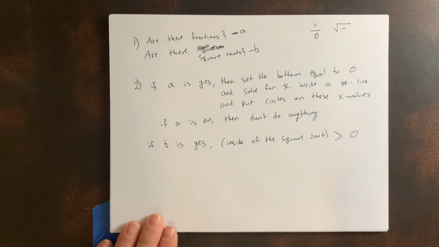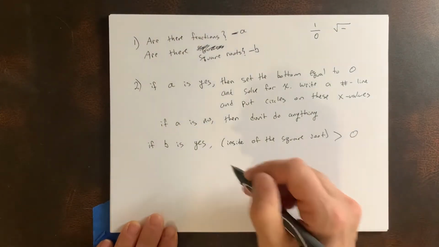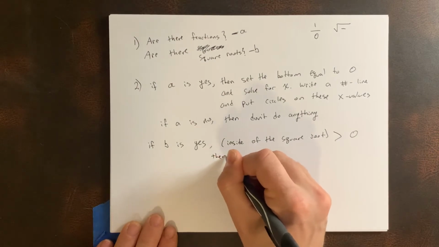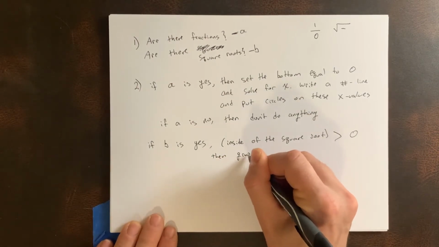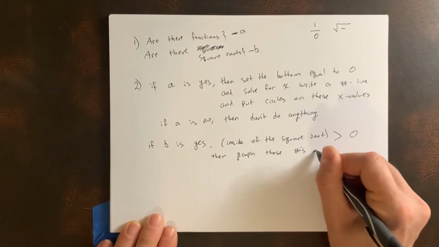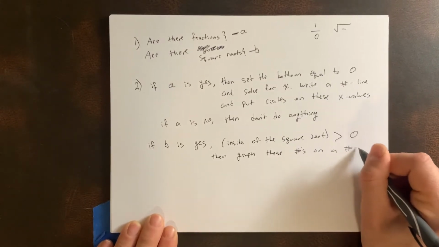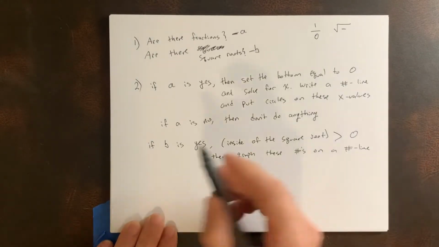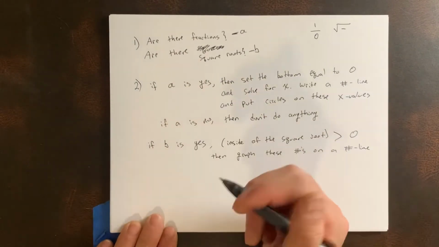And then what we would do is just graph these numbers on a number line. And just like before, if the answer to B is no, then you don't do anything.